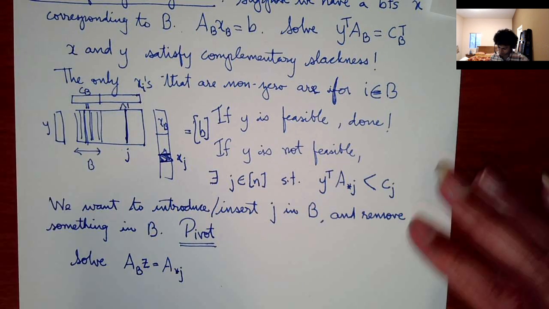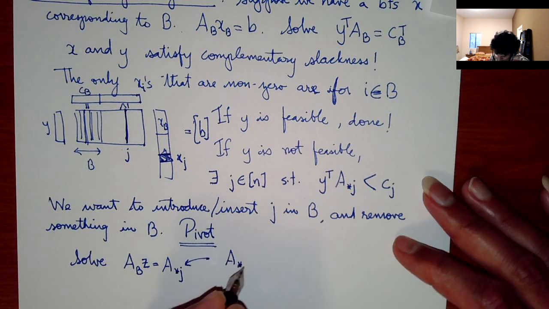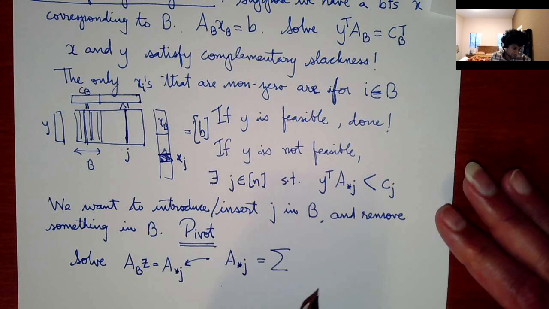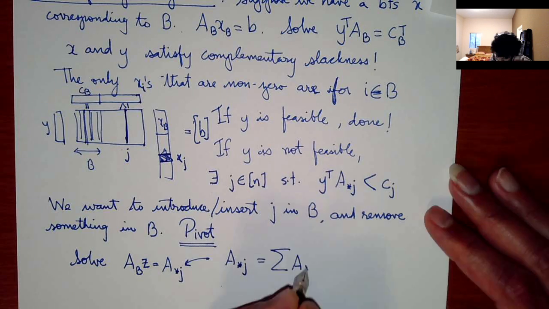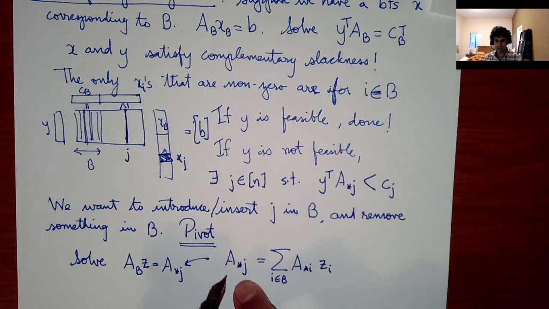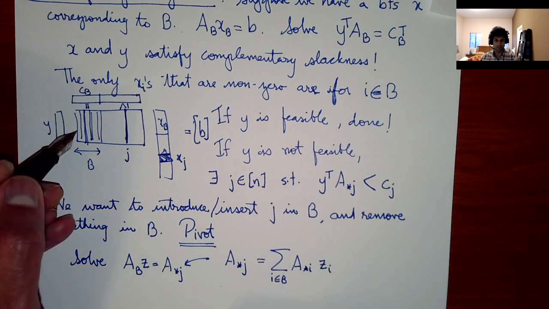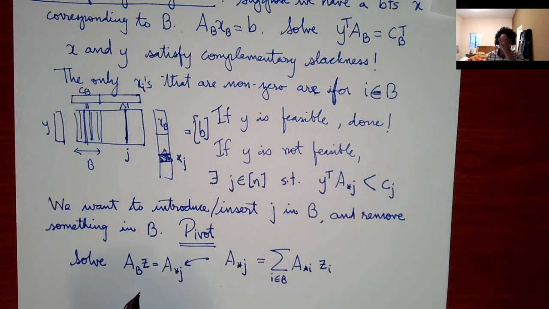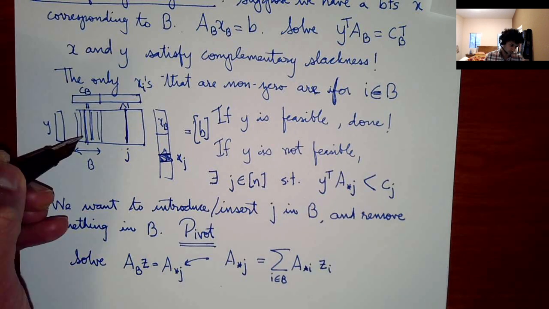So this is just saying that A star j is equal to the summation over i in B of z_i times A star i. Ignore the fact that you're solving a linear system. Just think of it as trying to find A star j as a linear combination of the columns over here.